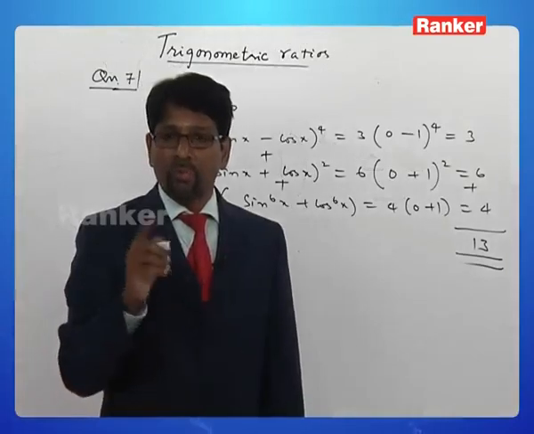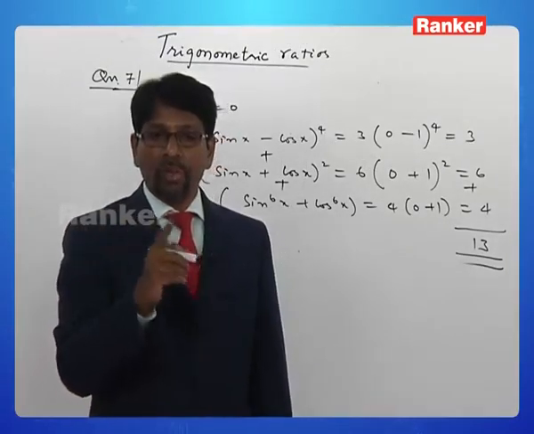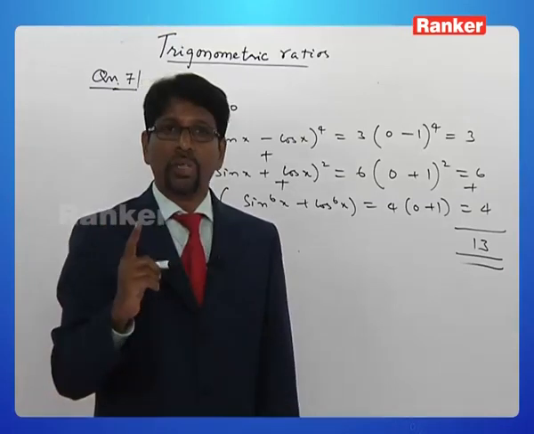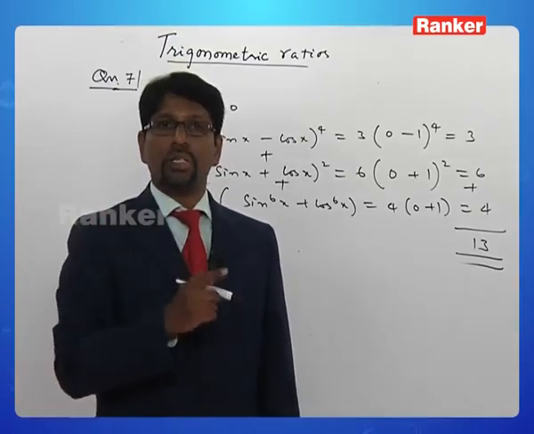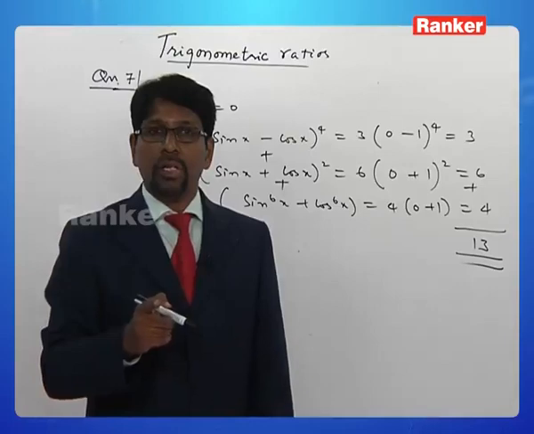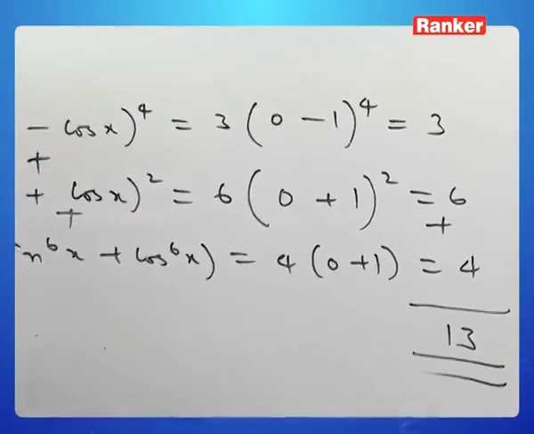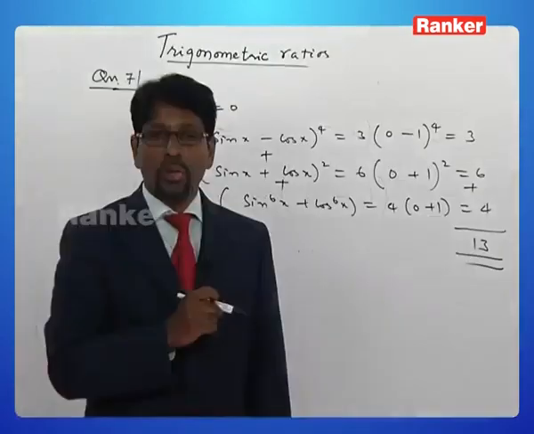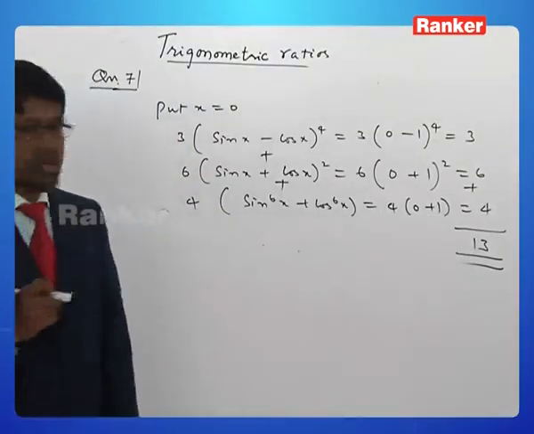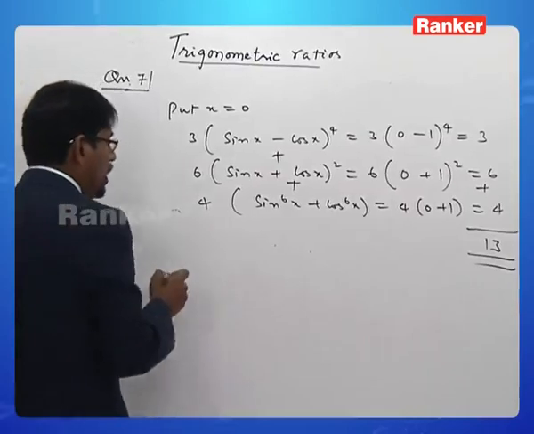But this way of substitution method will save some time. That's why we are doing it. When can we do it? When we know that all the options are independent of x, meaning everything is going to be a constant. Only in those circumstances can you go for a substitution method. It will save some time. Okay, so what we have here is, the answer is 13.